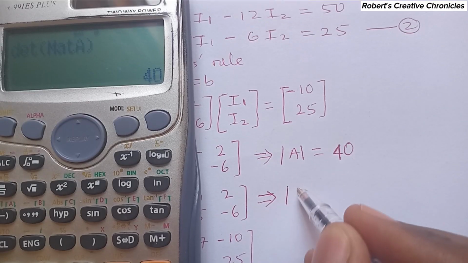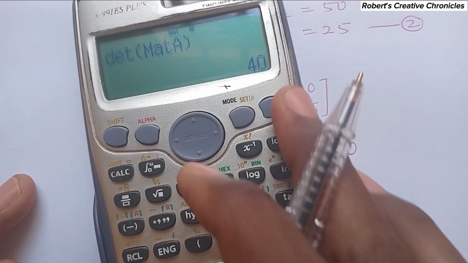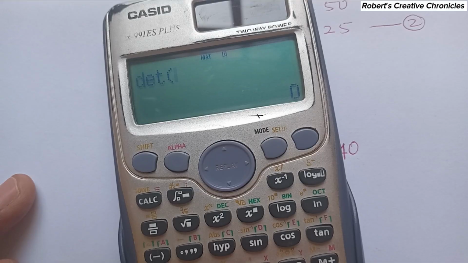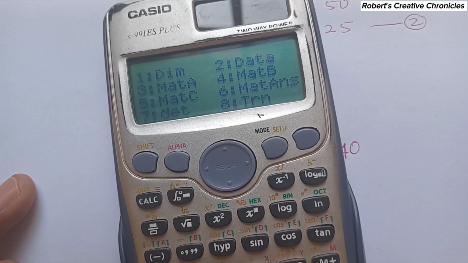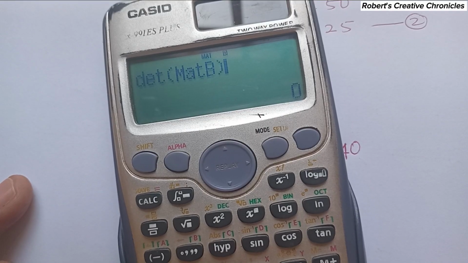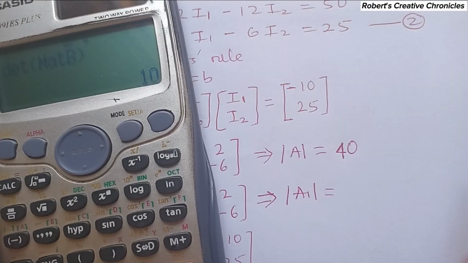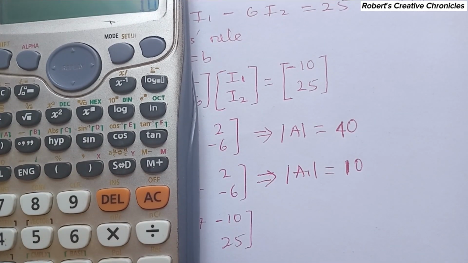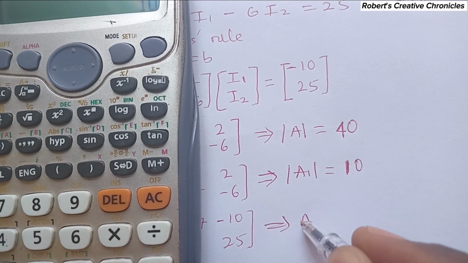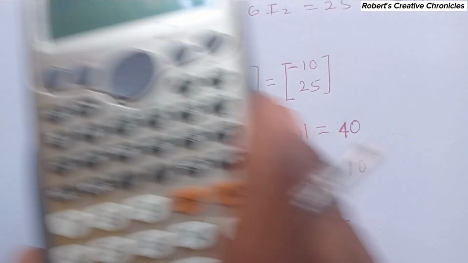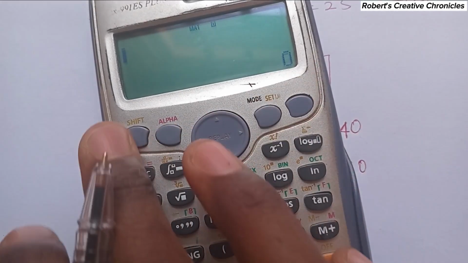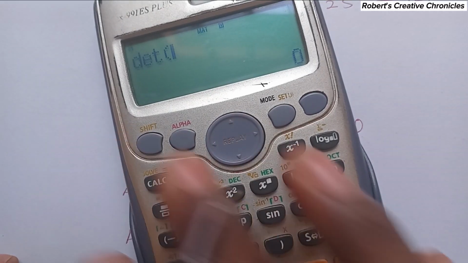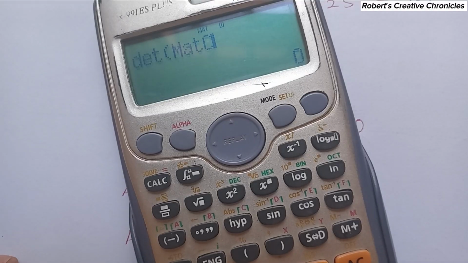Then the determinant of the second one: shift matrix 7, shift matrix mat B 4. Then it's 10. Then the last one, the determinant is 7, then 5.